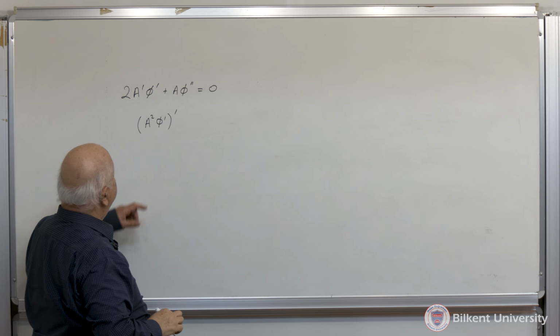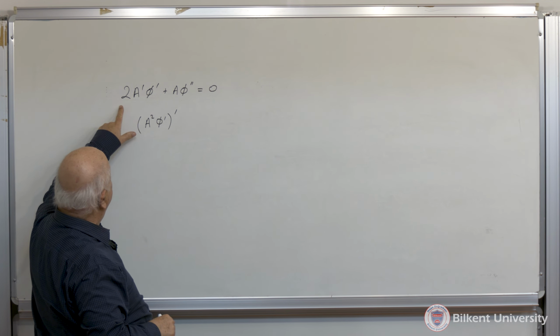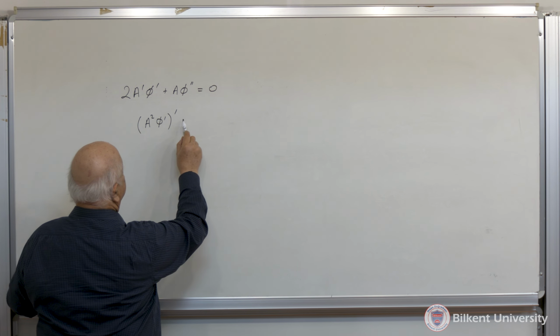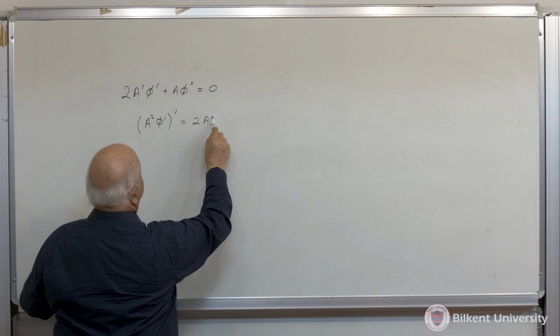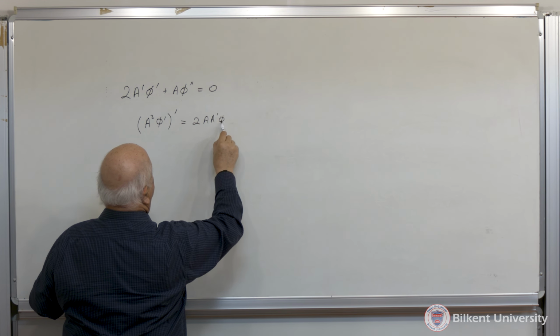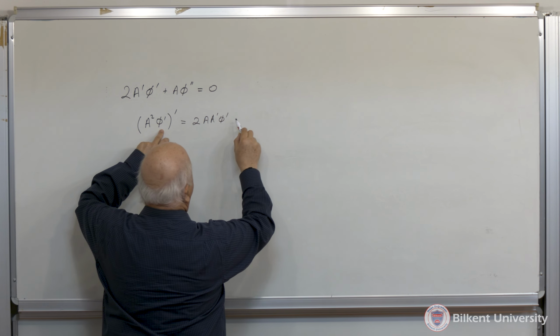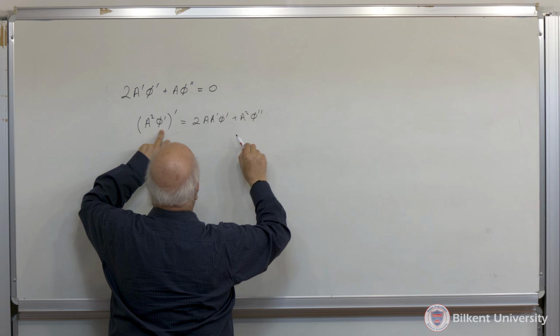This will give me 2a times a prime times phi prime, plus a squared phi double prime.